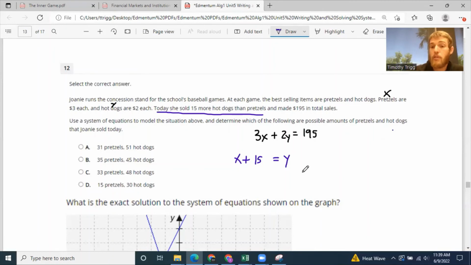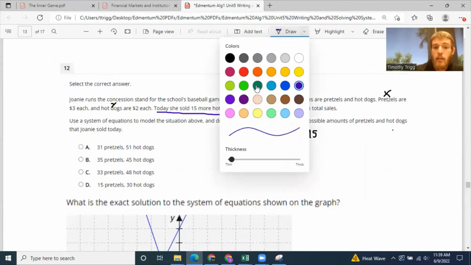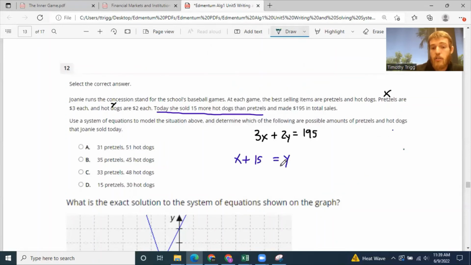From here, we would use substitution. The way I set up these equations, it's actually not too bad because here it says y equals. So that means I could take this as the value of y and substitute it into this first equation.